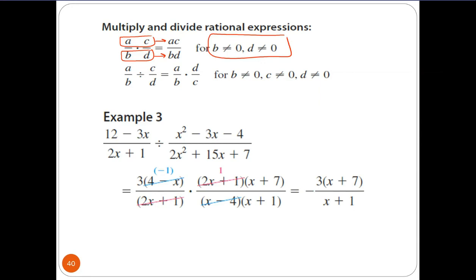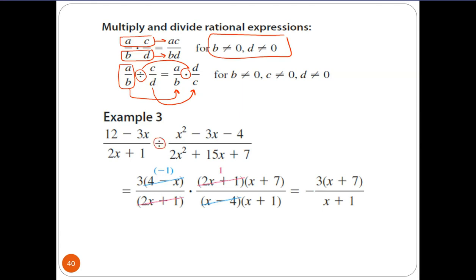In division, the first fraction, put it as it is, a over b, but the division converts to multiplication, and in the second, c over d, put it as d over c. So we need to swap between numerators and denominators. This idea converts the division to a product, from a case of division to a case of multiplication. The first stays as it is, but the second we flip, numerator to denominator and denominator to numerator.